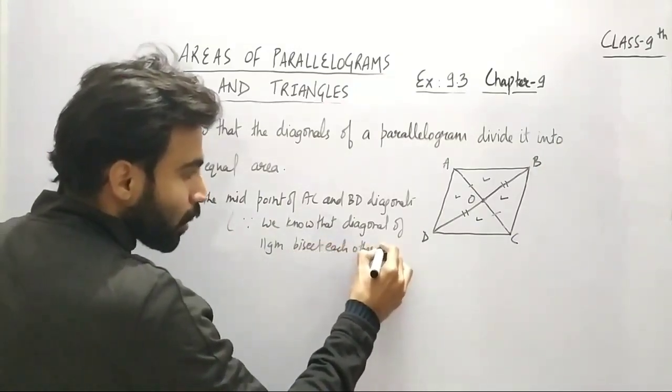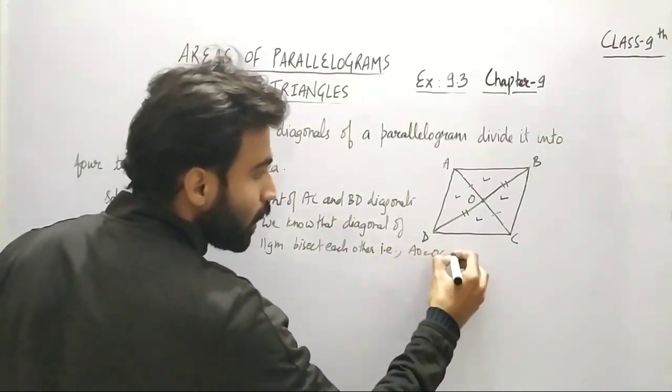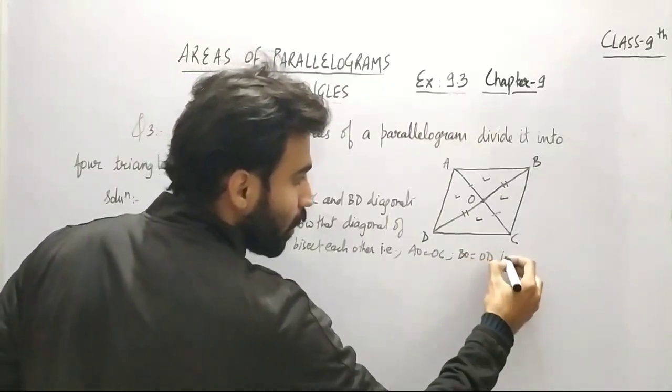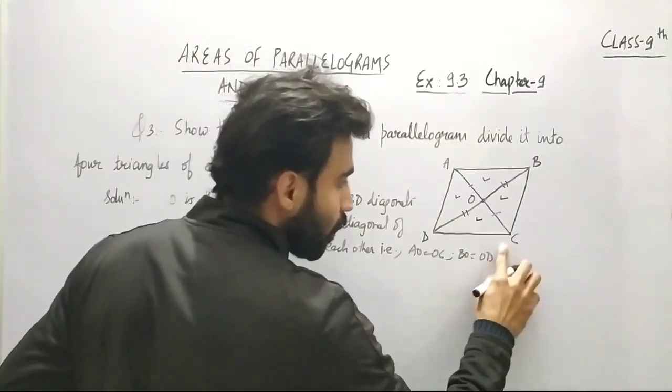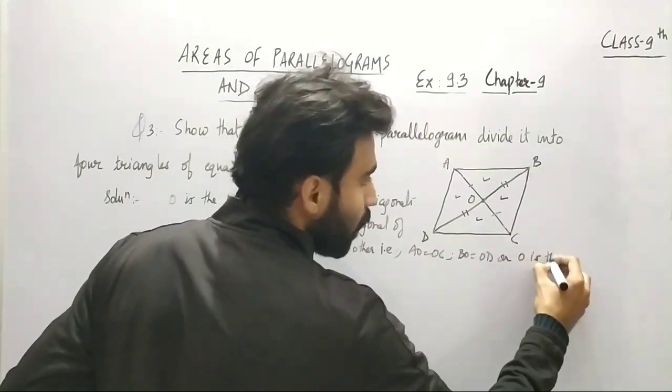So they bisect each other. That is, you can see AO is equal to OC and BO is equal to OD. Or you can say O is the midpoint.